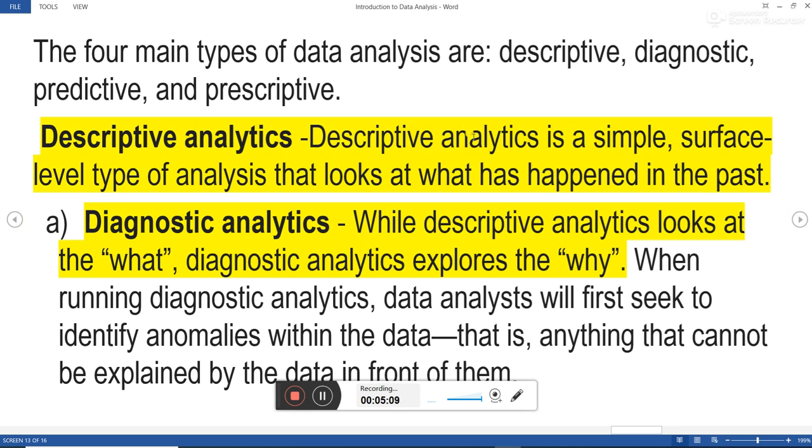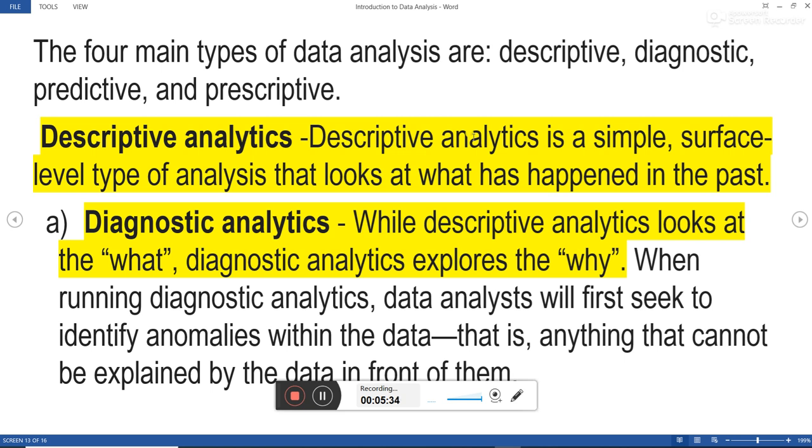So let's now look at the four types of data analysis, which are descriptive, diagnostic, predictive, and prescriptive. Descriptive analytics. Descriptive analytics is a simple, surface-level type of analysis that looks at what has happened in the past. Diagnostic analytics.